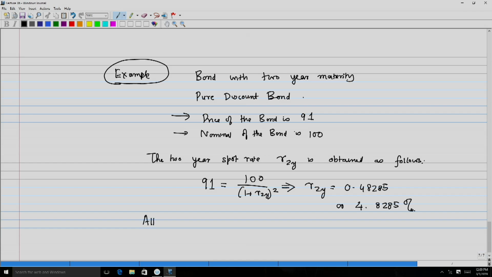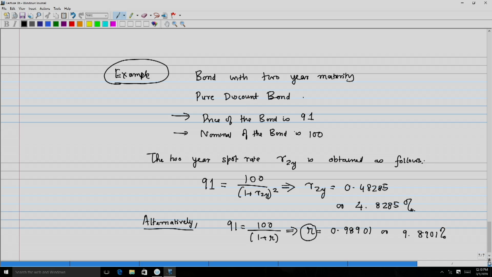However, making use of the simple interest convention, we have this alternative result. So, alternatively 91 is going to be equal to 100 divided by 1 plus R, which is the implicit rate, and if we solve this, R is going to be equal to 0.98901 or 9.8901%. The interest rate R that you are considering is applicable for 2 years, and then we have to turn it into an annualized rate making use of the simple interest convention.